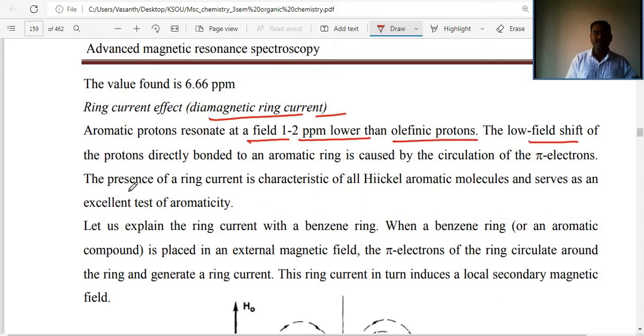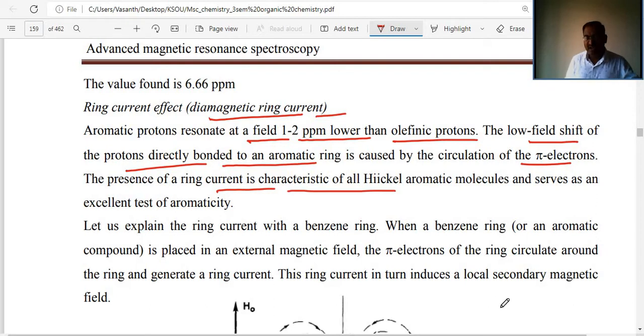The low field shift of the protons directly bonded to an aromatic ring is caused by the circulation of pi electrons. The presence of a ring current is characteristic of all aromatic molecules and serves as an excellent test of aromaticity.